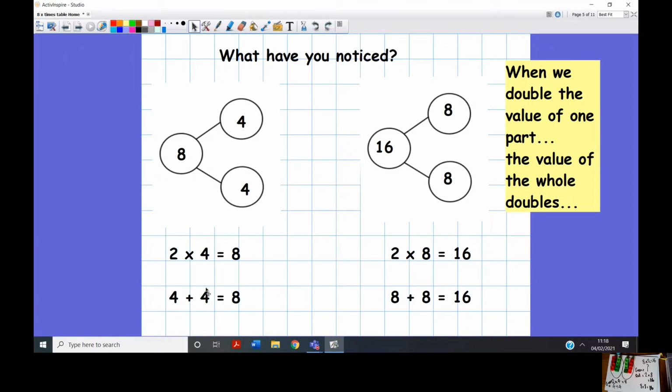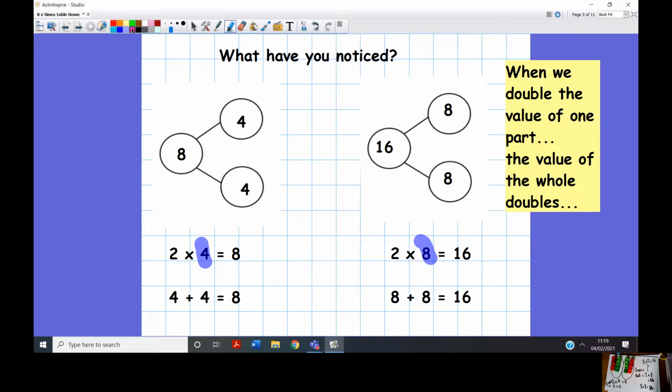So this just puts on our screen what we have just been talking about. When we double, remember, double is the same as times 2, the value of one of the parts of our multiplication, the value of the whole doubles. So here is one of my parts. This is what I've doubled.